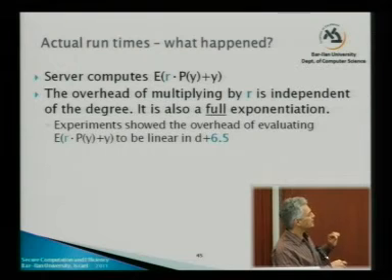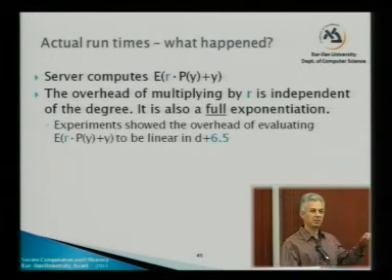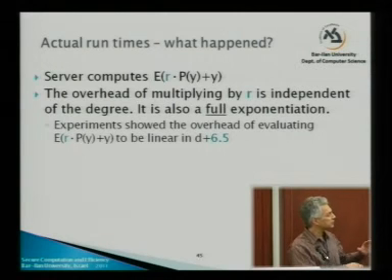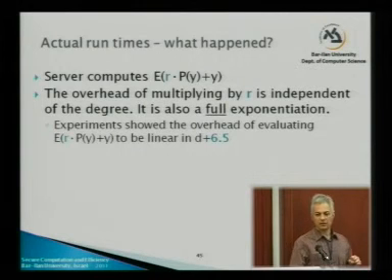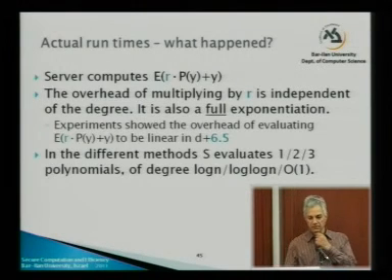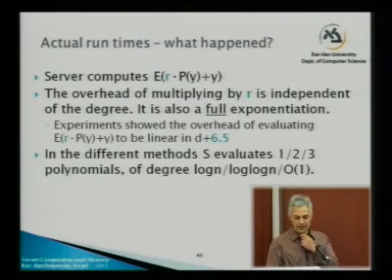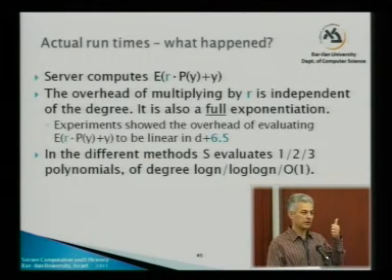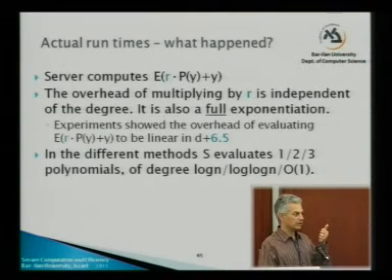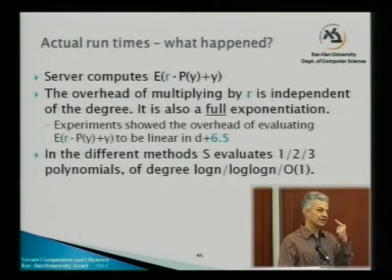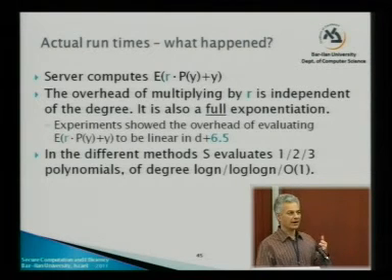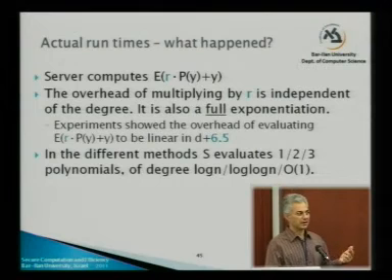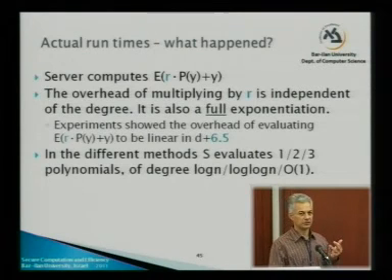So if we evaluate a certain polynomial, the overhead is linear in the degree plus 6.5. The 6.5 is just for this multiplication by r. Now, with the different methods, the server evaluates one polynomial in the simple hashing, two polynomials of slightly lower degree in the balanced allocations, and three polynomials in the cuckoo hashing.